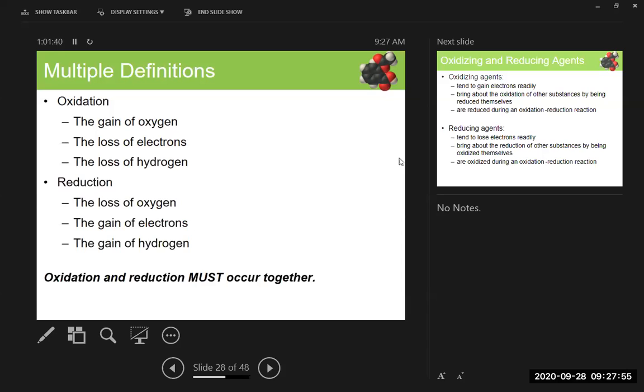And this is an example of that. The things that can occur in oxidation, gain of oxygen, loss of electrons, loss of hydrogen, are the exact opposite of what occurs in the reduction: loss of oxygen, gain of electrons, gain of hydrogen. Now, it doesn't have to have all three of those things occurring, but it's got to have at least one of those occurring, okay?